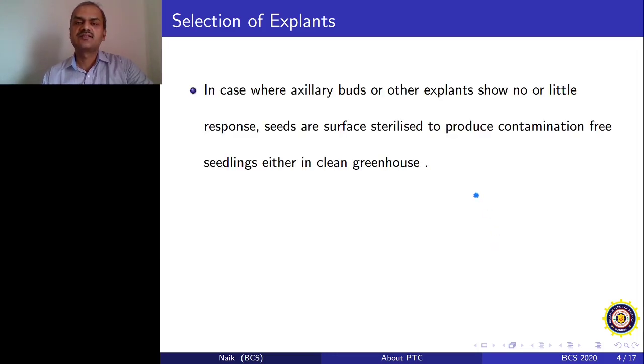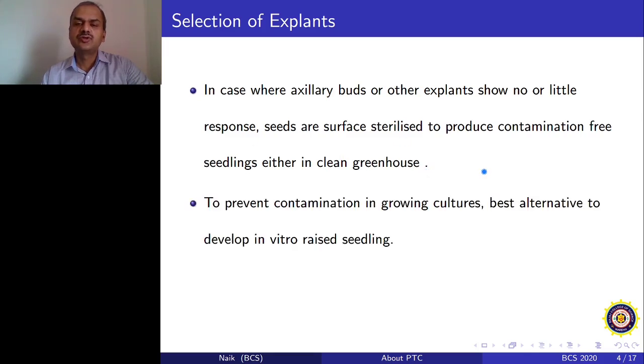Then, in case the axillary buds or other explants show no or little response, say for example you have taken some greenhouse grown explants and they are still showing no response under Murashige and Skoog media along with BAP, or cytokinin, concentration, in that case you should try again: soak those seeds, surface sterilize them and produce contamination free seedlings either in a clean greenhouse, or the best alternative to have a contamination free explant is to develop in vitro raised seedlings.